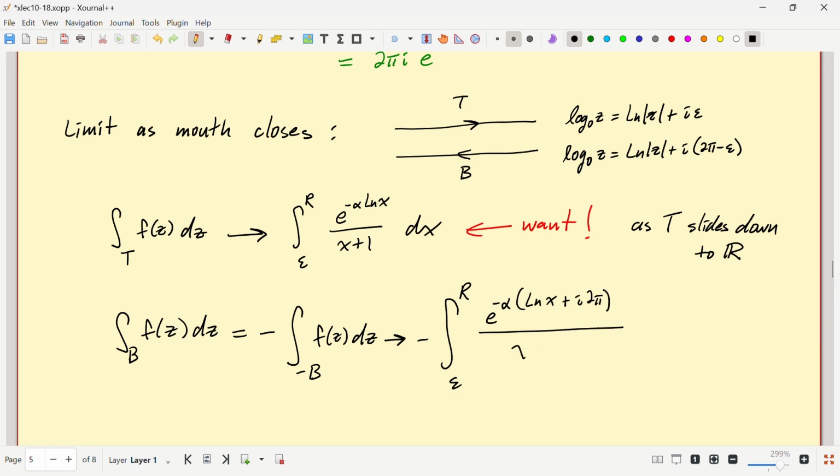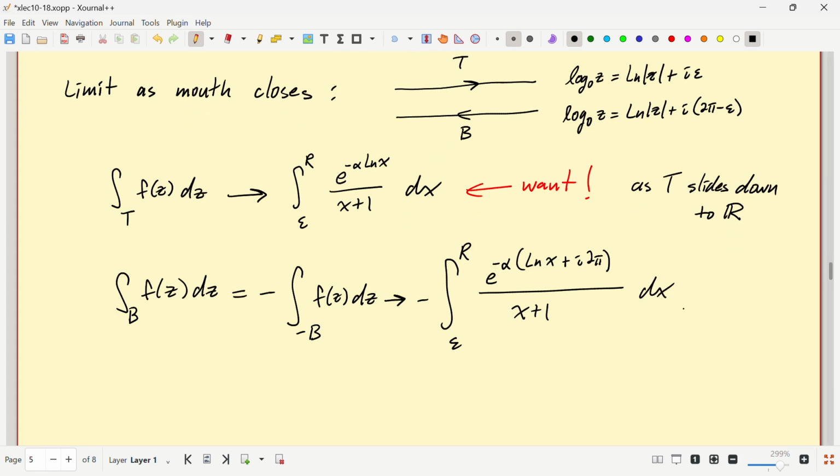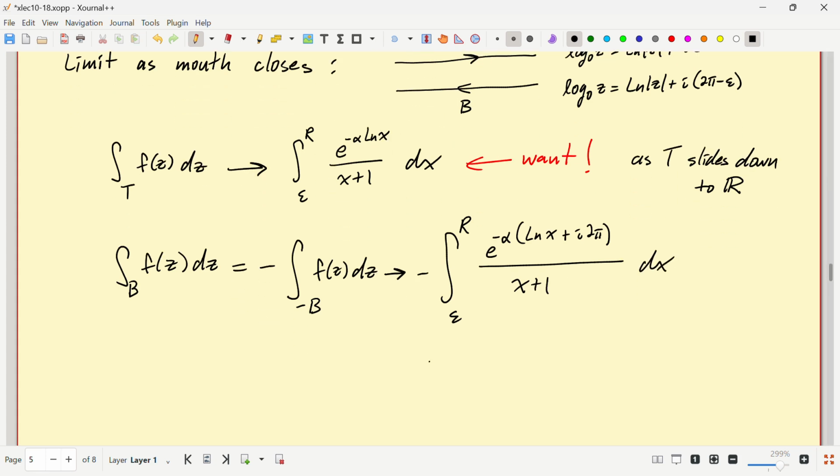And the bottom we have x plus 1 dx. And that's equal to, I can pull out e to the minus alpha i 2 pi, so i 2 pi alpha kind of comes out in front. And the miracle is these don't cancel. And this is the integral I want.